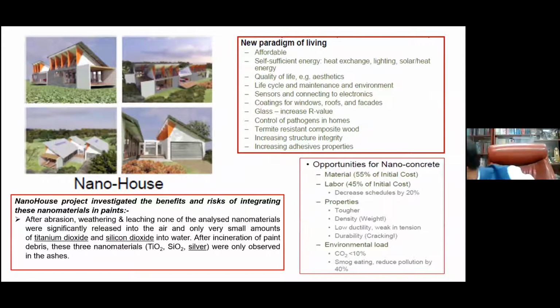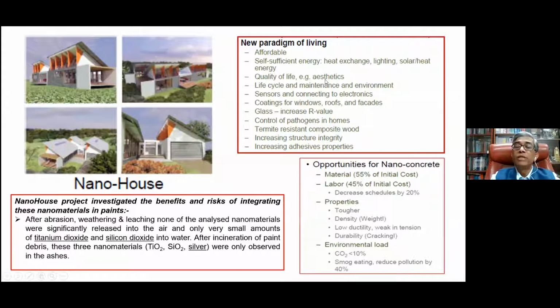This is an example of what is going on with what is called the nano house. That doesn't mean we are staying in such a small house. This house is looked at in the construction industry, as we are going for a new paradigm of living. We have energy, heat exchange, and lighting requirements.